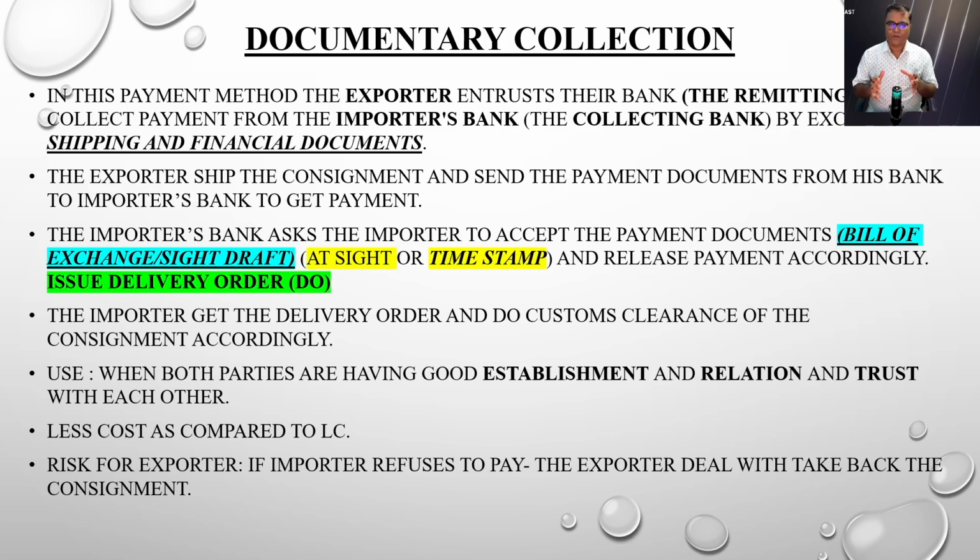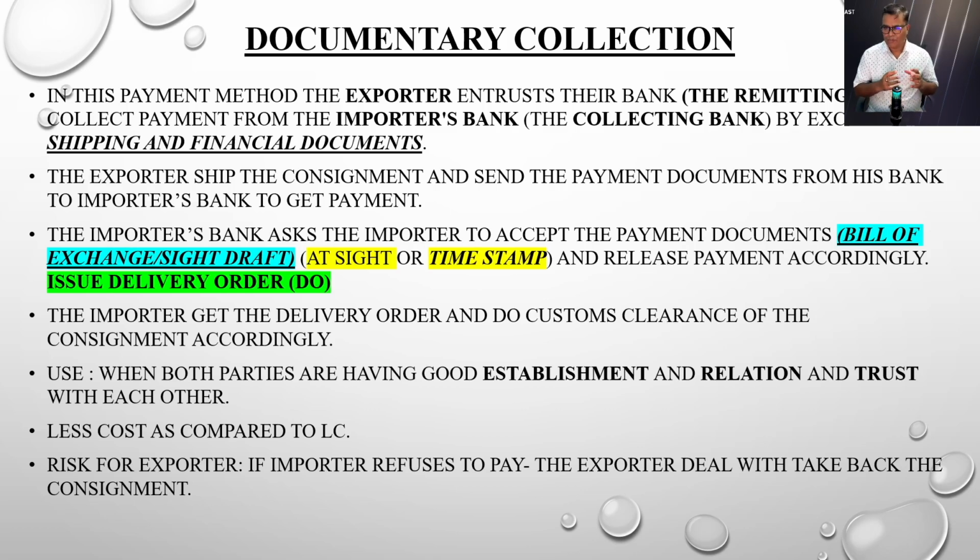In between, after shipment, they ask their bank, the remitting bank, to present these documents to the bank of the buyer, meaning the importer, which is the collecting bank here. The seller's bank presents the set of payment documents to the buyer's bank, and then the buyer's bank informs the buyer that this consignment is shipped by this seller, and these are the details.